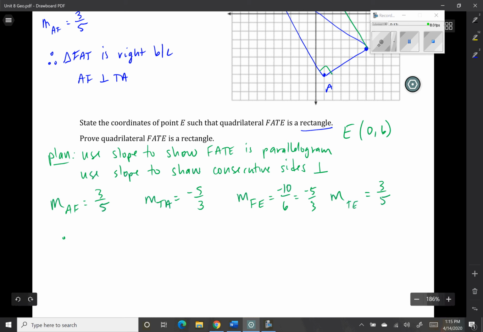So you could say, therefore, FATE is a parallelogram because AF is parallel to TE, they're the same, and TA is parallel to FE. So those are parallel slopes because they're the same.